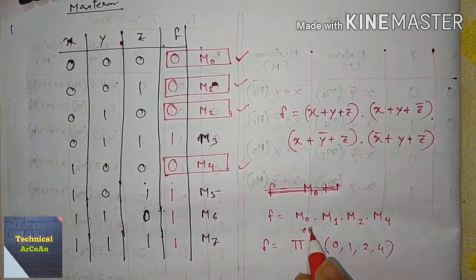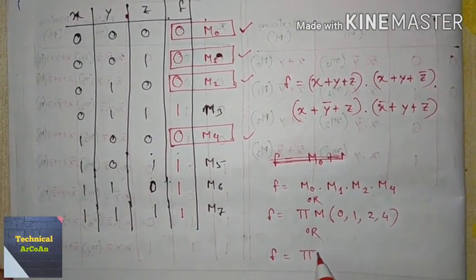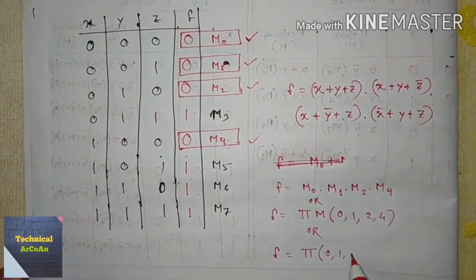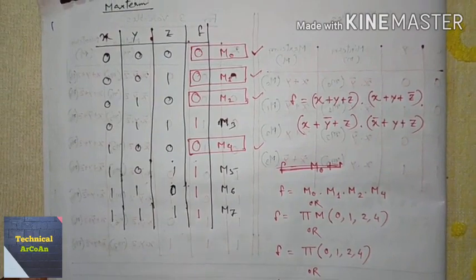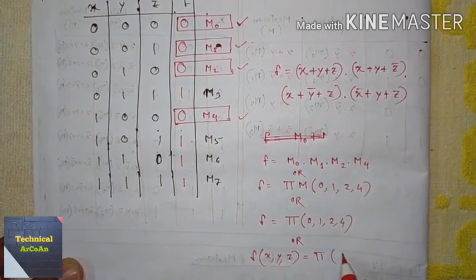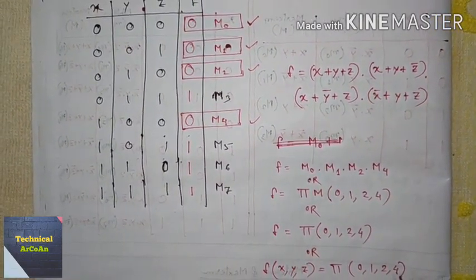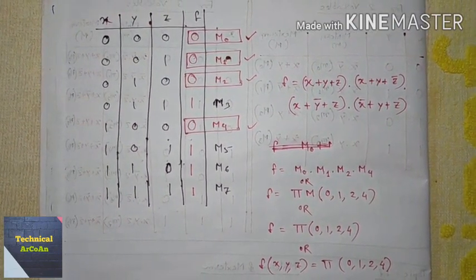Also you can write it this way: f equal to pi, we just remove capital M and write the position values. Or you can put the variable names, x, y, z equal to pi and write the position values. Okay, I hope you have understood this topic.